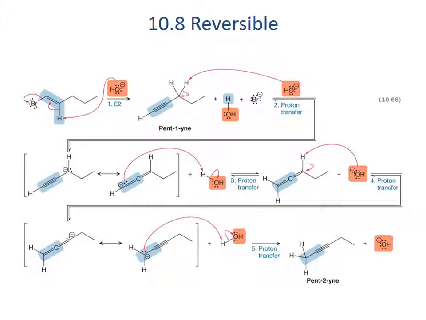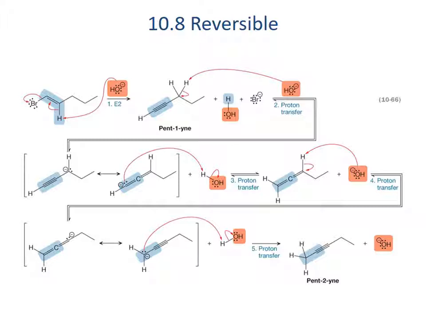The reversible reaction is a little more complicated, but starts with the same first step. Because hydroxide is a weaker base, it can't deprotonate the alkyne proton. However, the protons alpha to the alkyne have a slightly increased acidity due to resonance. Hydroxide can pull off this alpha proton and put it back with any water that's in solution.